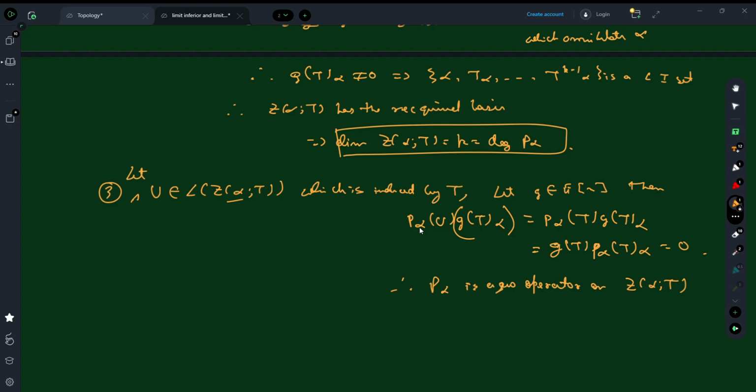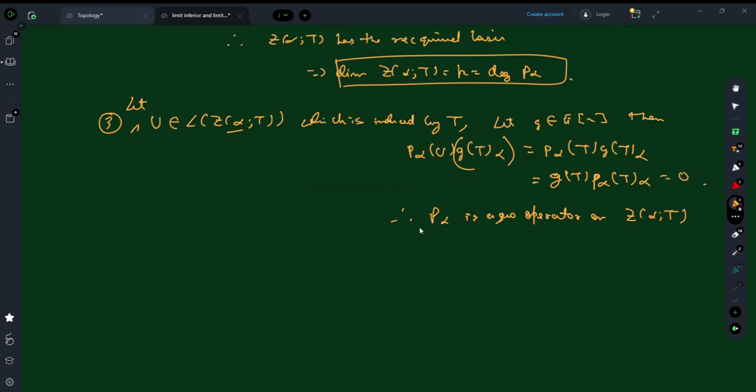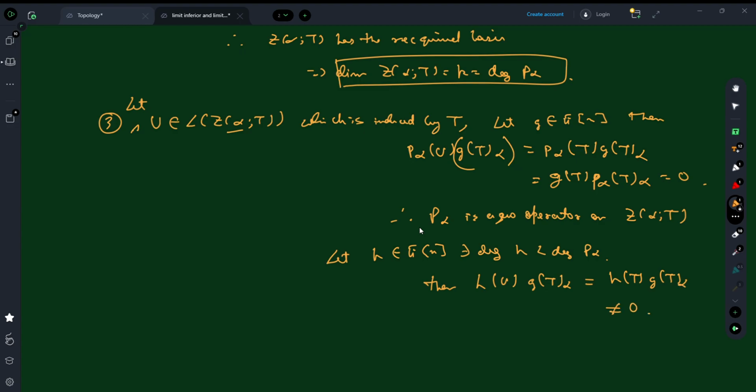What more can we say? If I choose another polynomial h with degree of h less than degree of p alpha, then observe that h(U) of some g(T)alpha will obviously be of the form h(T) g(T)alpha, but that cannot be equal to 0, where we have chosen g(T)alpha to be a non-zero vector from Z(alpha; T), because it will contradict the minimality of p alpha, right?